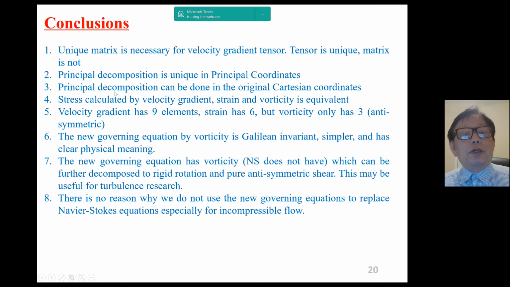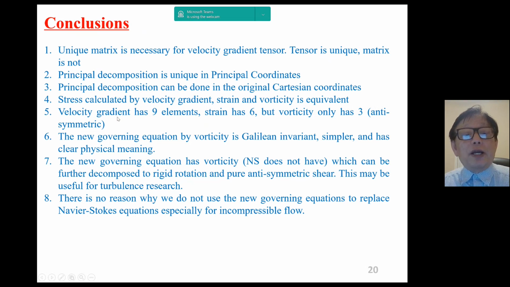The principal decomposition can also be done in the original Cartesian coordinates. The stress calculated by the velocity gradient, by the symmetric strain, or by the vorticity, they are equivalent.